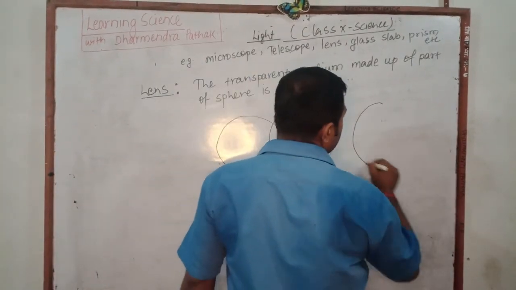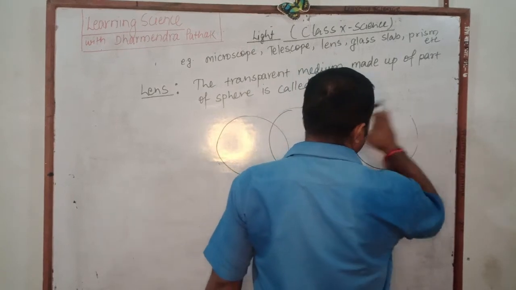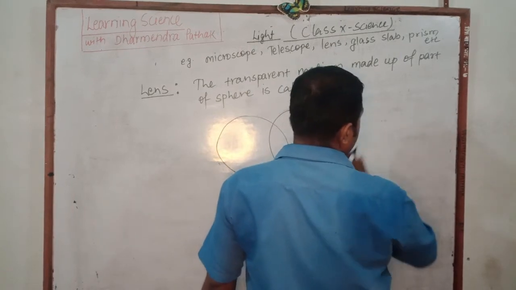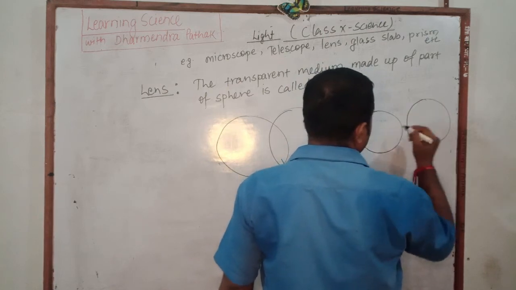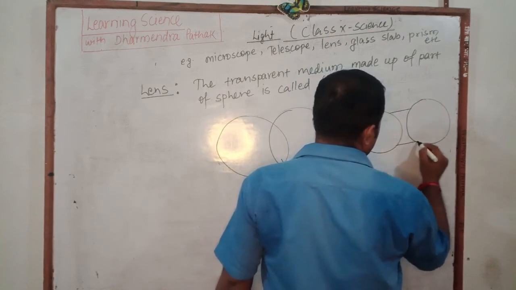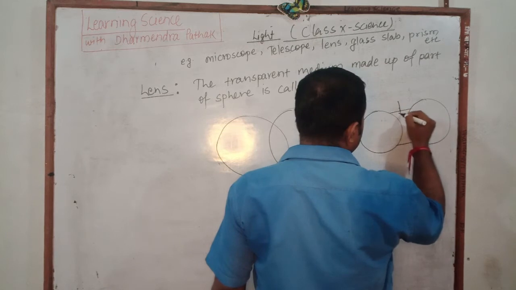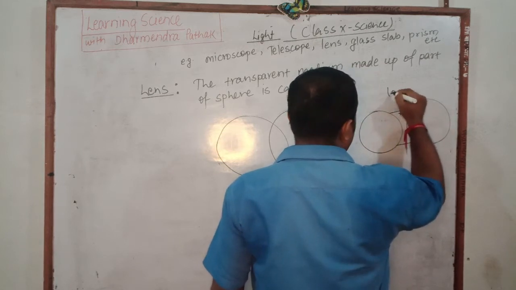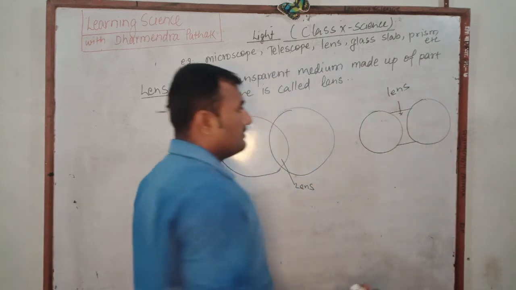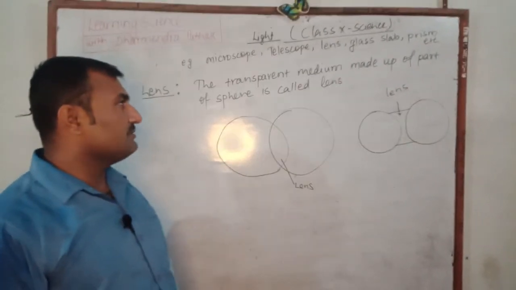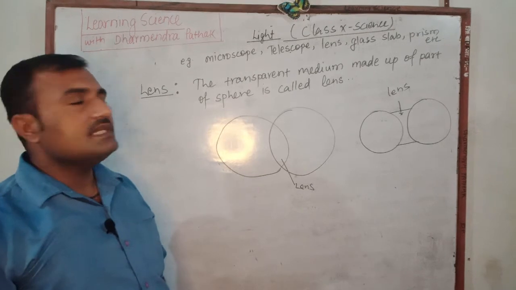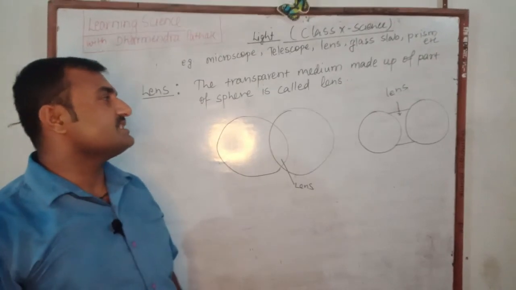When two spheres are just non-intersecting, on that condition too, the central part forms the structure of a lens. And here we find that a lens is always part of spheres.